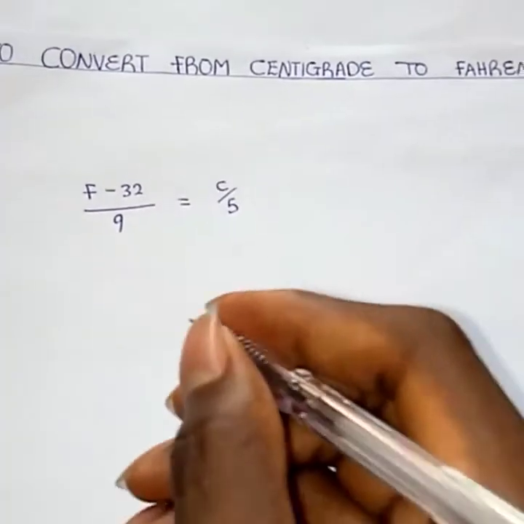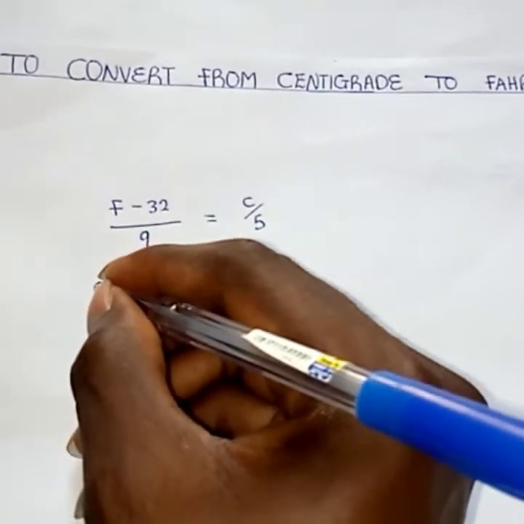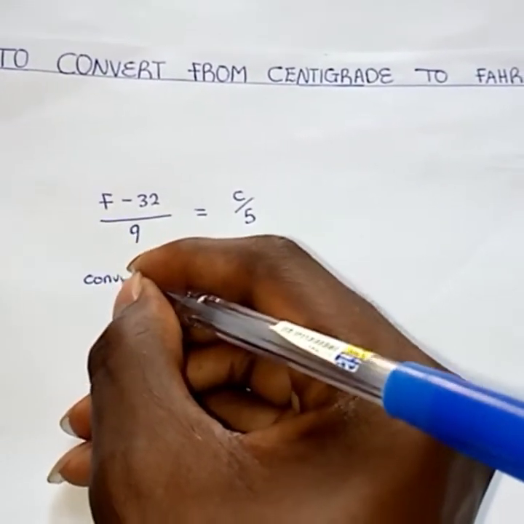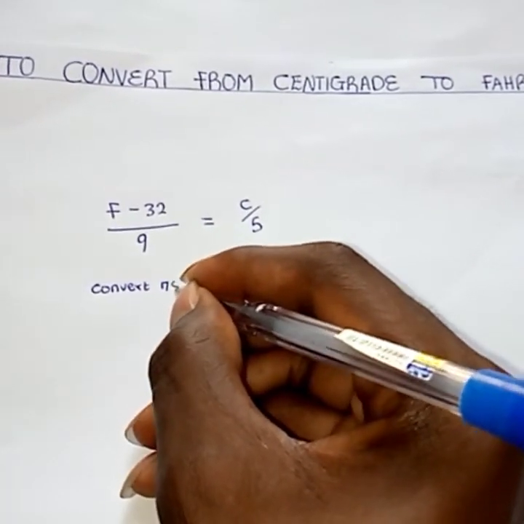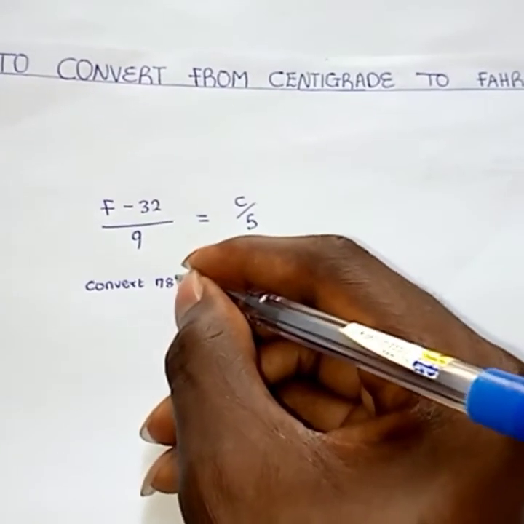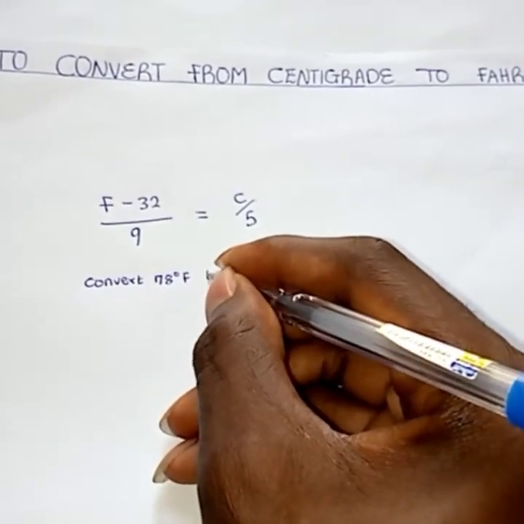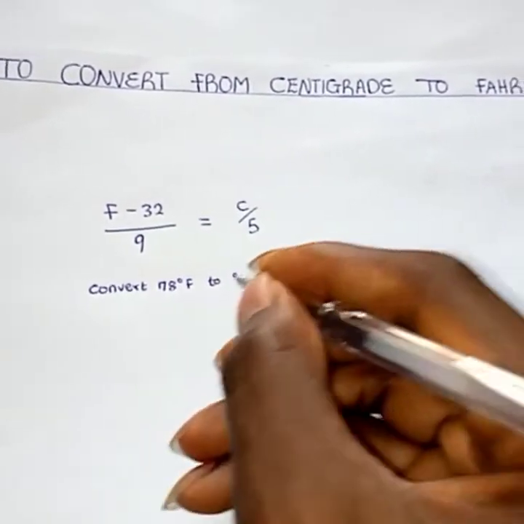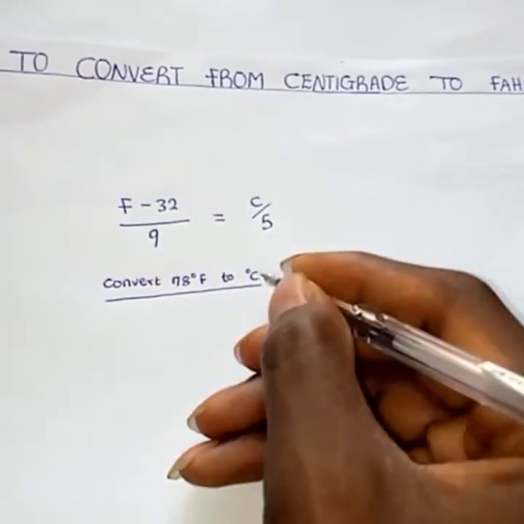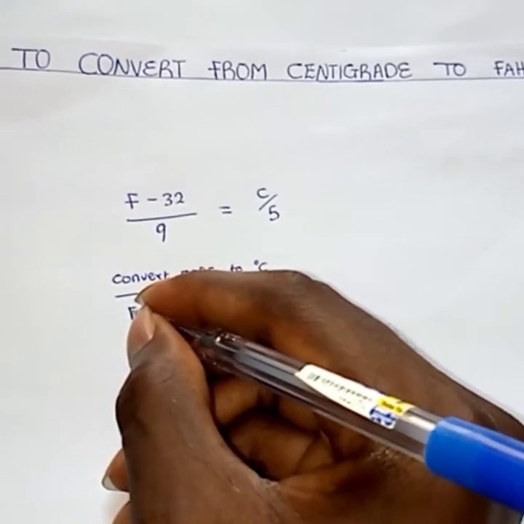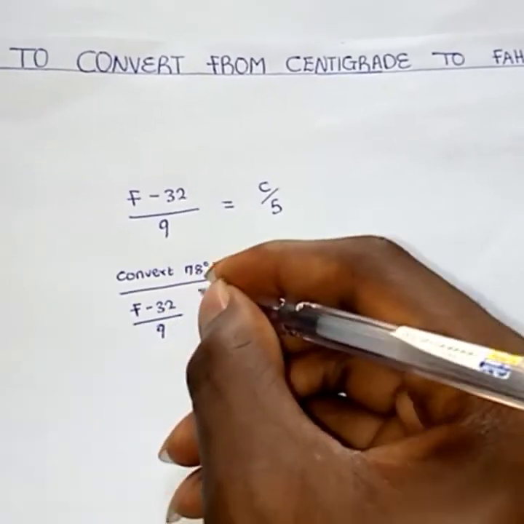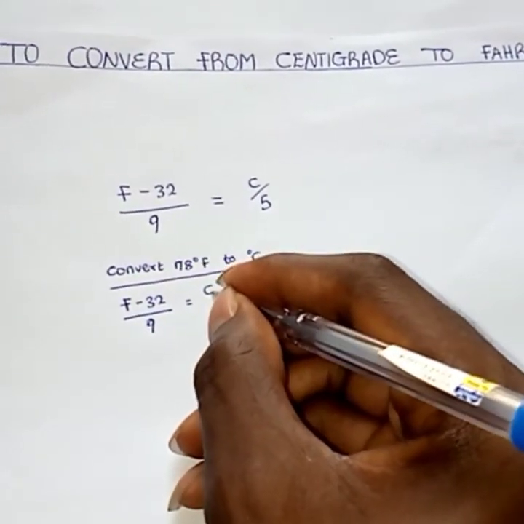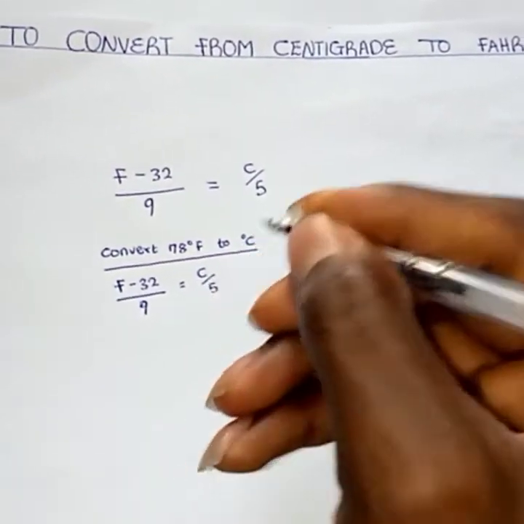So let's take our first example. Let's convert 78 degrees Fahrenheit to degrees centigrade. Using our formula, (F - 32)/9 = C/5.